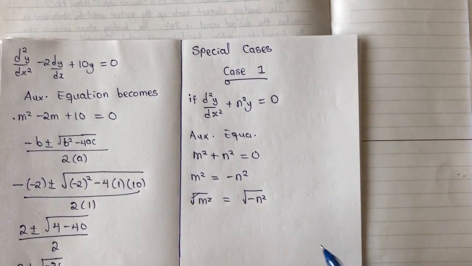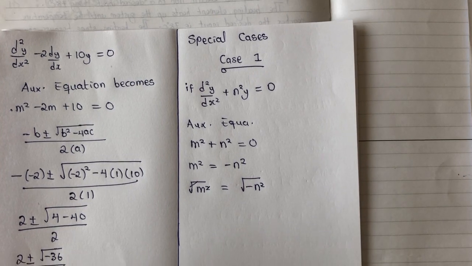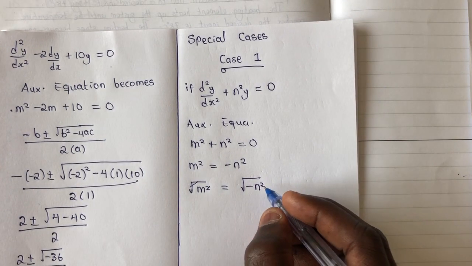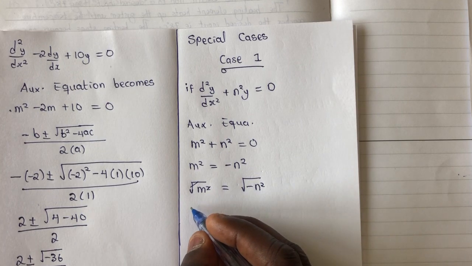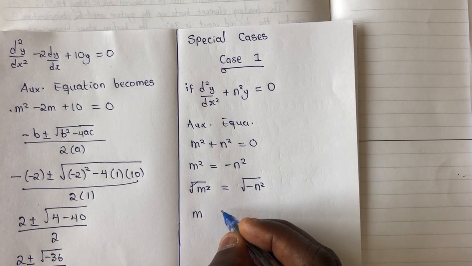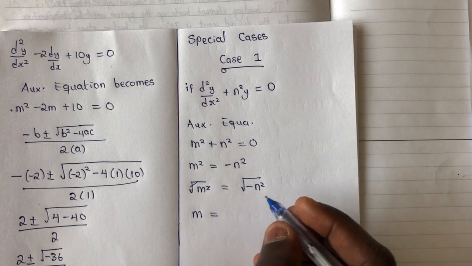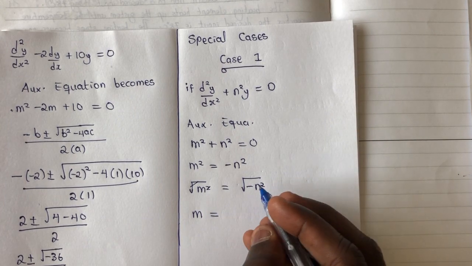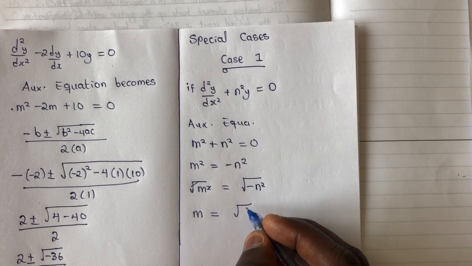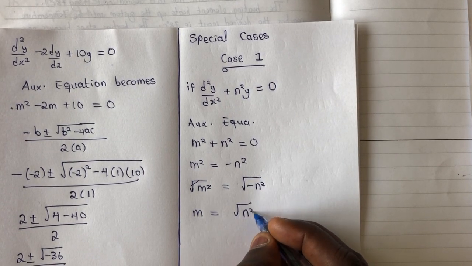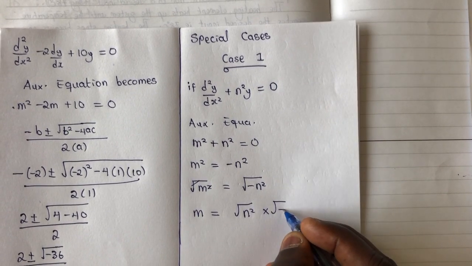This will take care of this one. So this is giving me m equal to root of n squared times root of minus 1.